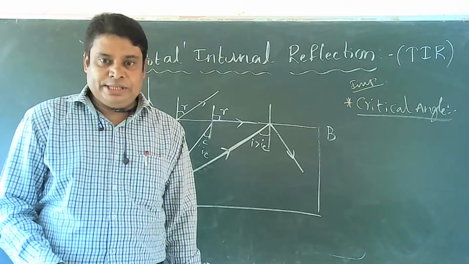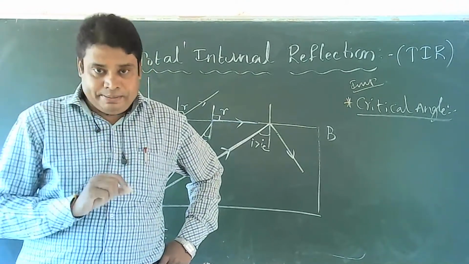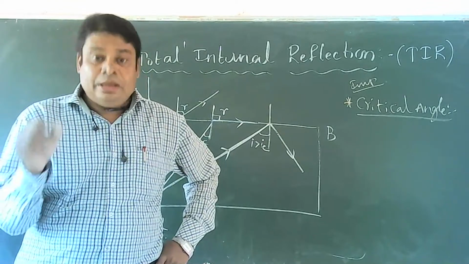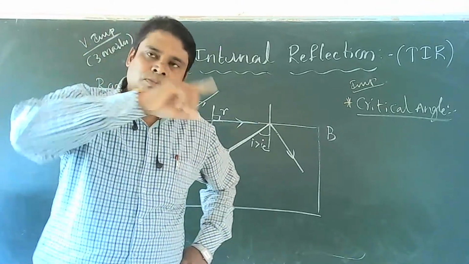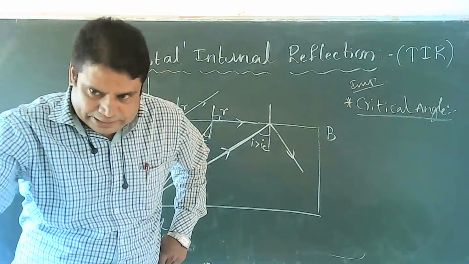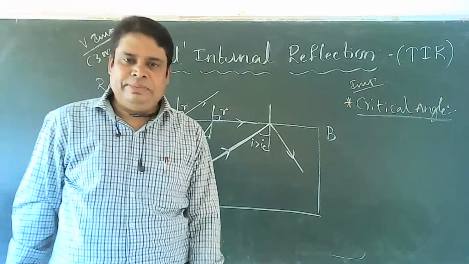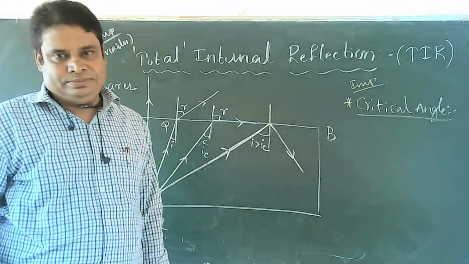Or the most correct definition: when a ray of light is traveling from denser medium to rarer medium, and if the angle of incidence is greater than the critical angle, then the ray will reflect in the same medium, in the denser medium. This phenomenon is called total internal reflection.